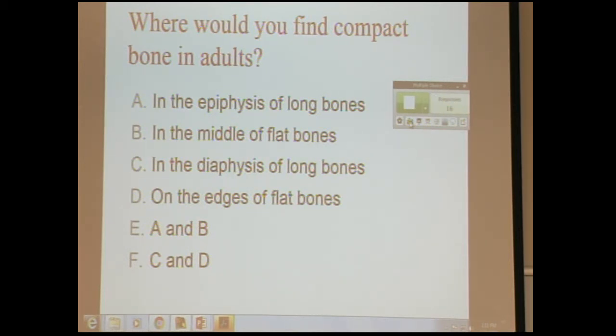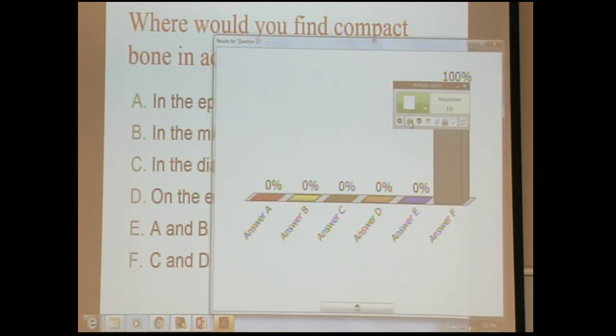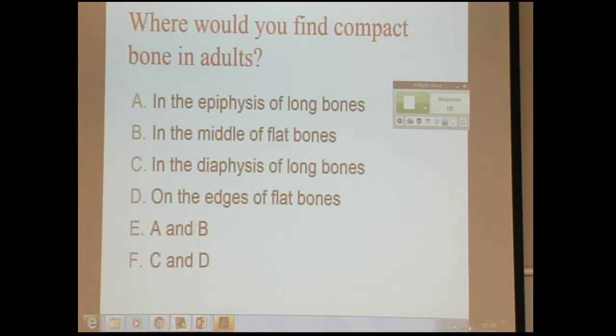Anybody else? It is F there. C and D. So in the diaphysis and on the edges of the flat bones.